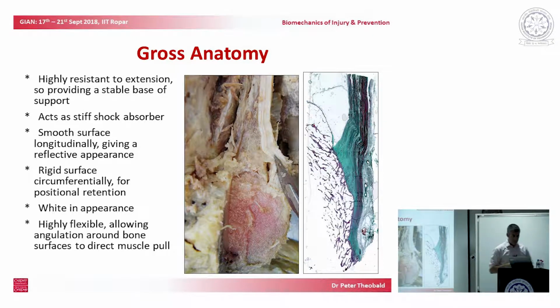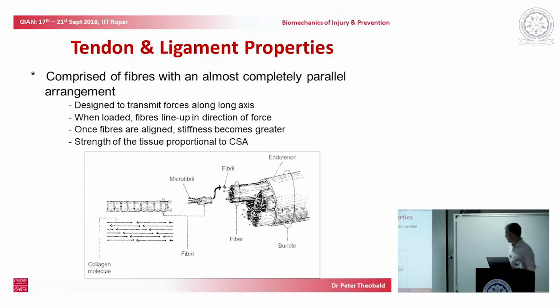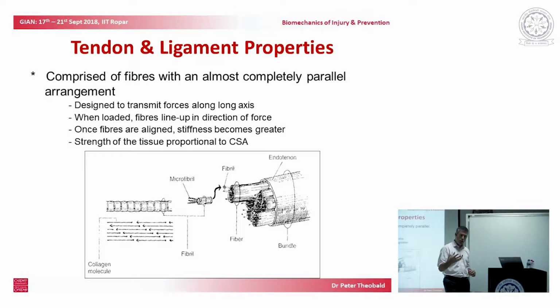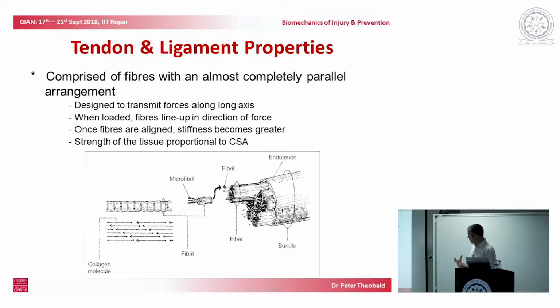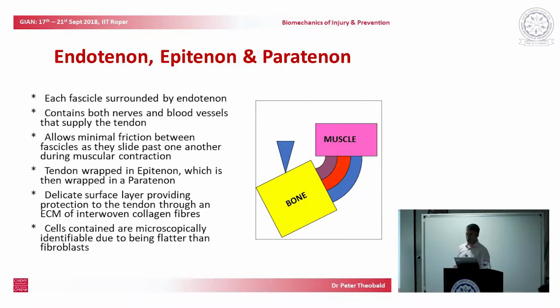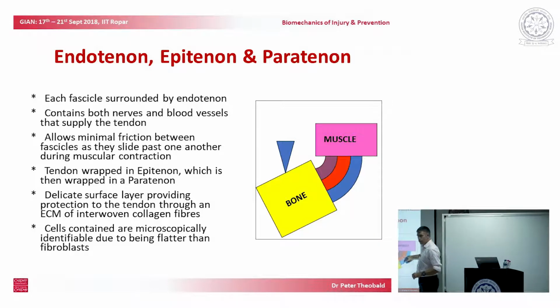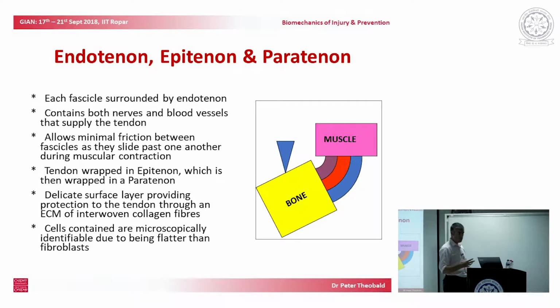And so we consider again these fibers. One of the benefits of having individual strands of rope within a whole rope is that as we get a curved geometry of a tendon, these different collagen fibers can slide past one another. So the fibrils and the fibers can slide past one another because of the construction of the tendon.